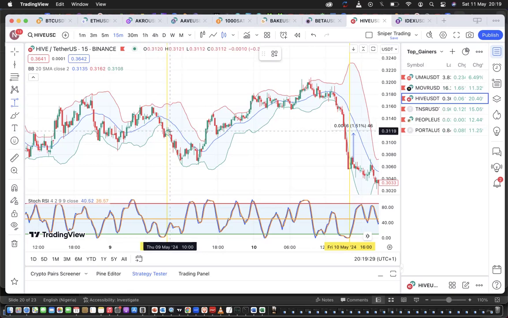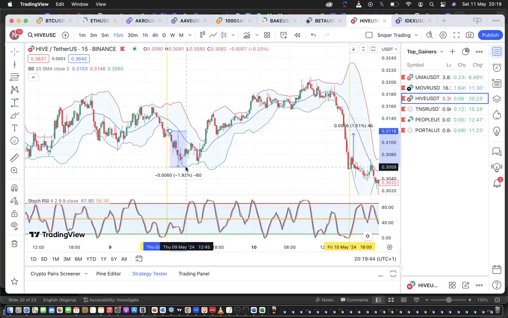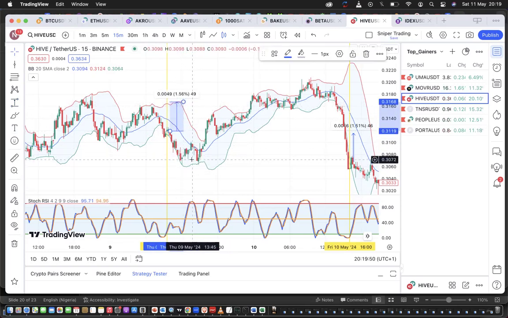So let's say you bought here and you wanted just 1.5%. Right? You just wanted 1.5%. Okay, good. 1.5%. But before it went there, it first of all went against you by 1.7%. So does it mean it won't get to your 1.5%? It did.